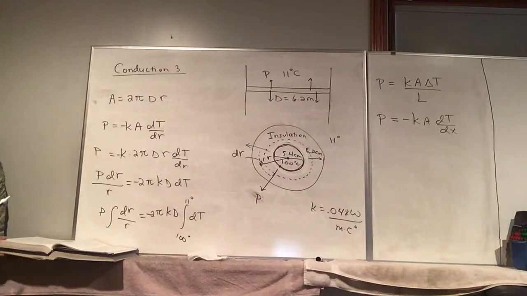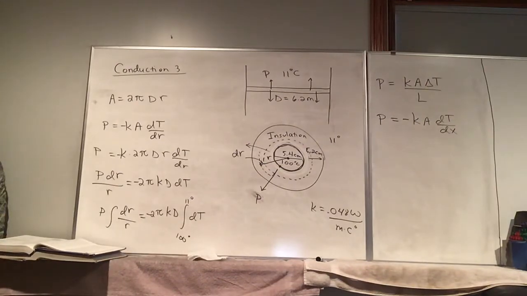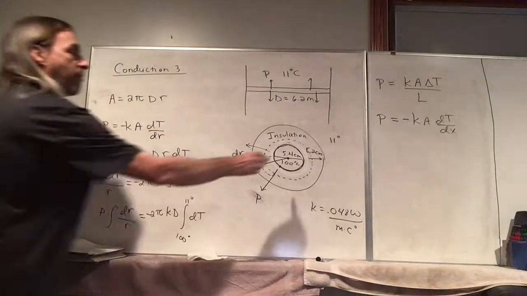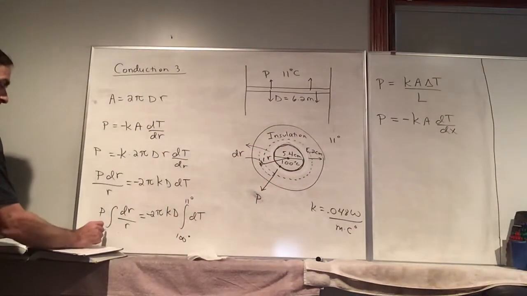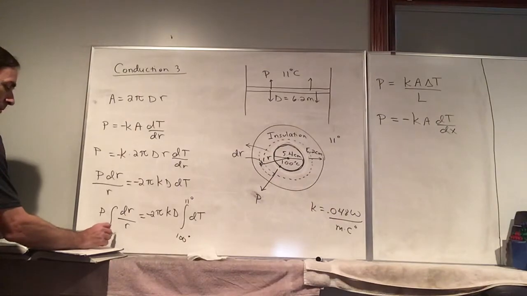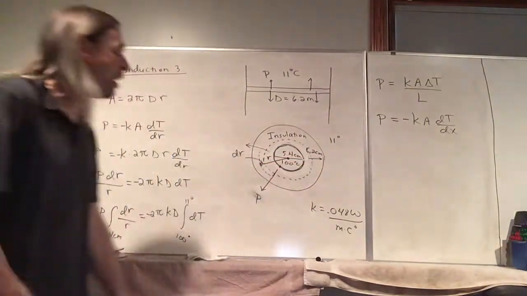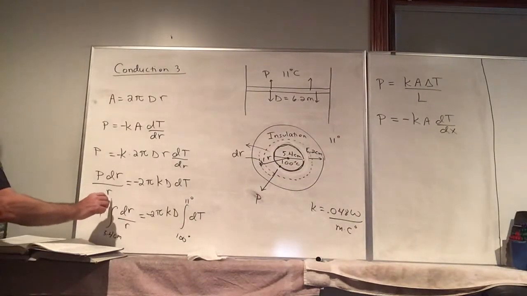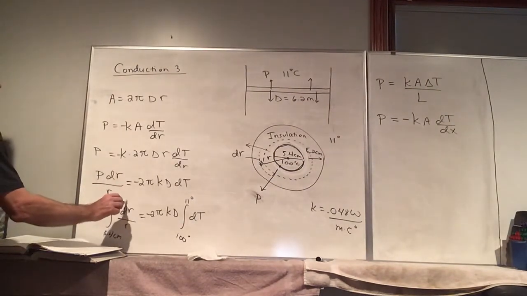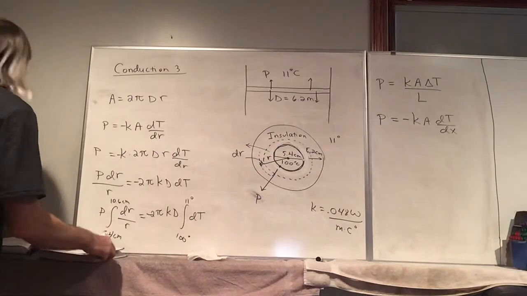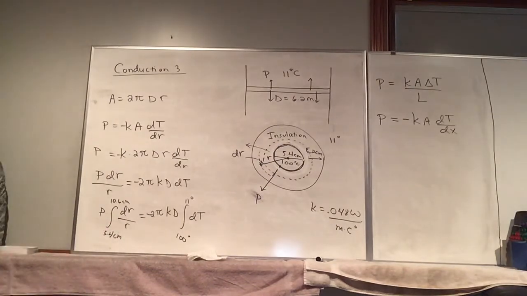So let's put the minus sign. And then the radius, we're going from 5.4 centimeters to 10.6 centimeters. Let's make sure we can see this.